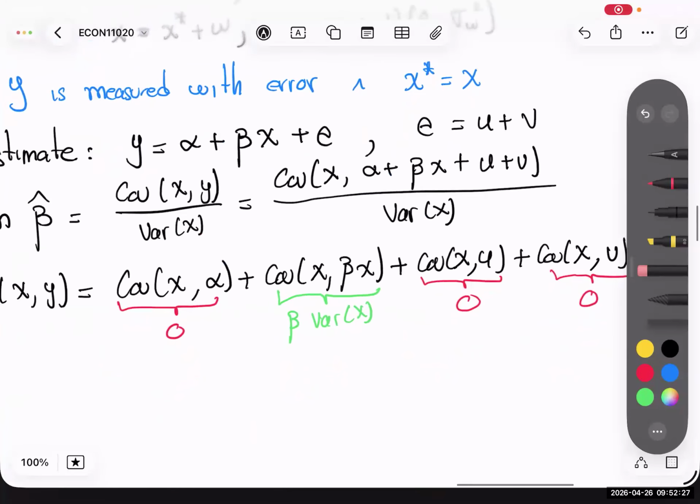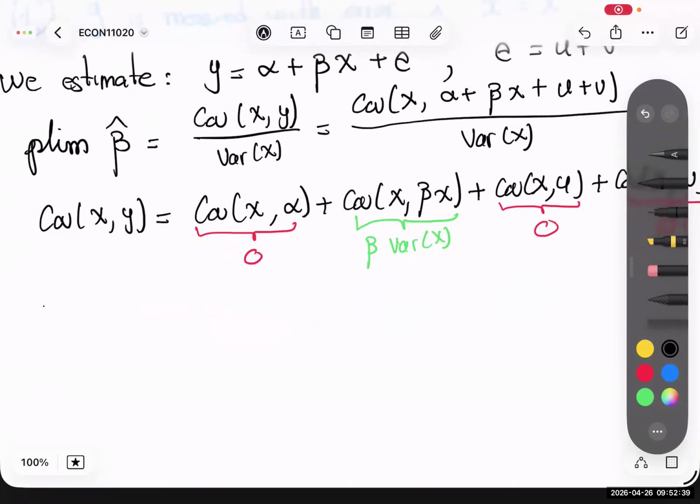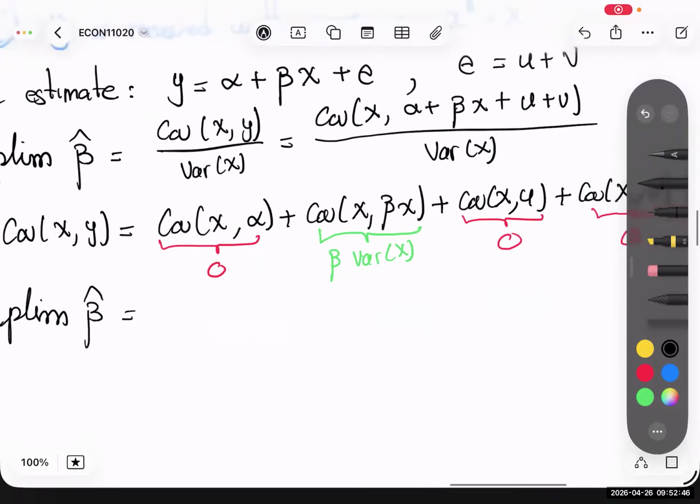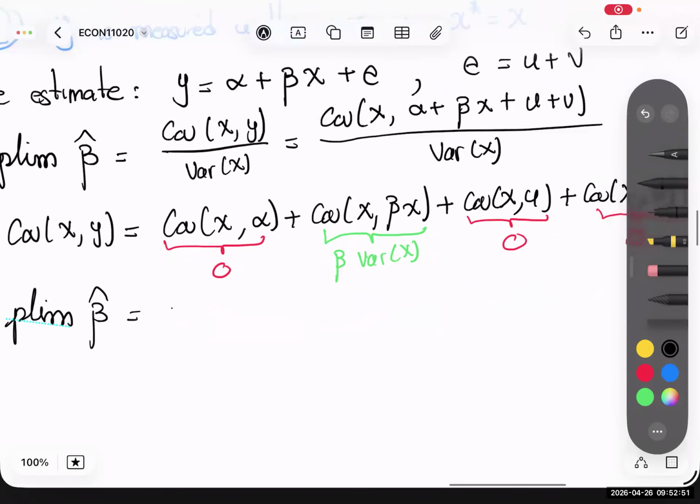So do you see everything is 0 except for beta variance x, which is precisely what we wanted to see, because now when you compute the probability limit, which is the ratio of covariance xy and variance of x, in the numerator we just have the green part, beta variance x.